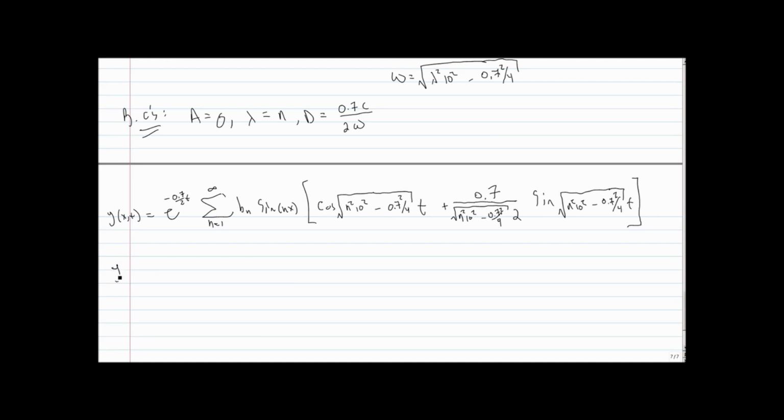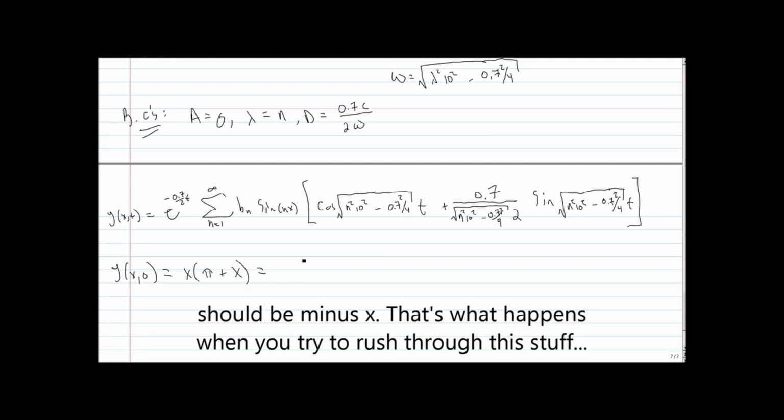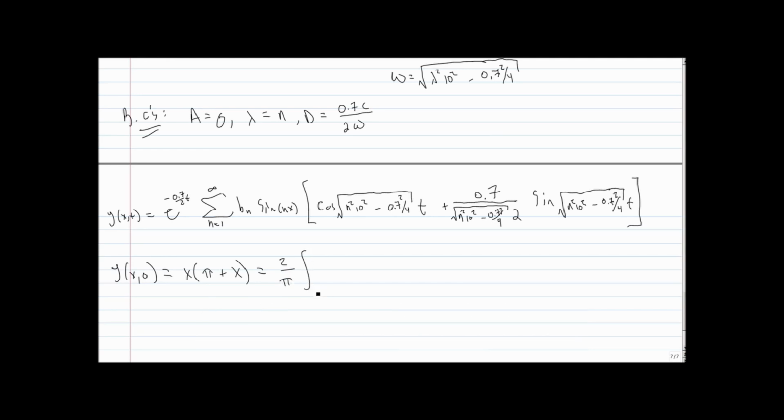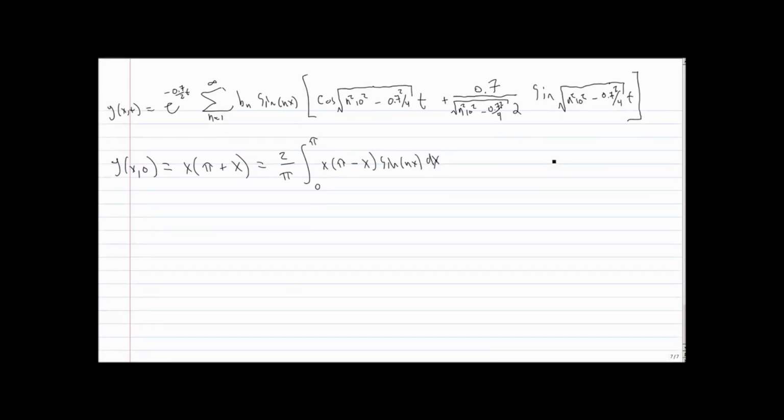Okay, so now to solve for these constants, when you look at your initial condition here, you see that you end up with the same Fourier series that we had in the first example. So what does that mean?